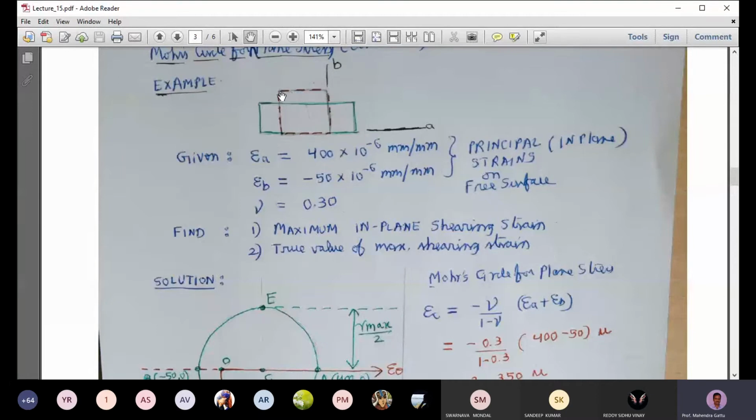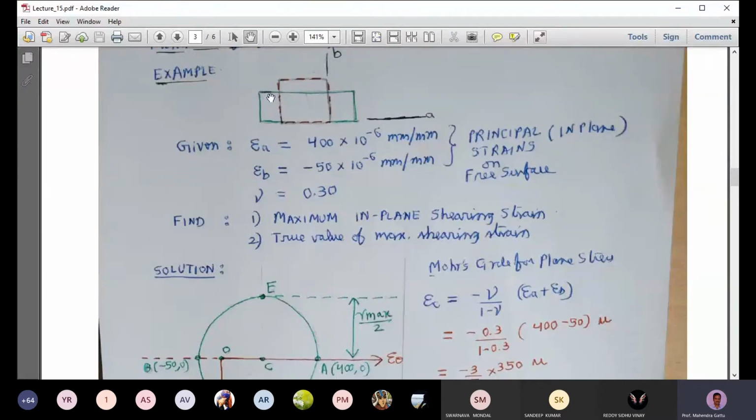You see that the angles are the same, it's not changing, whatever it's initially 90 degrees, so here also there is no change, we have 90 degrees. So on principal axes there will be no shear strain, so that's why the angles are not changing. So for this system, what we have to find is the maximum in-plane shearing strain. And we are also asked to find the true value of the maximum shearing strain.